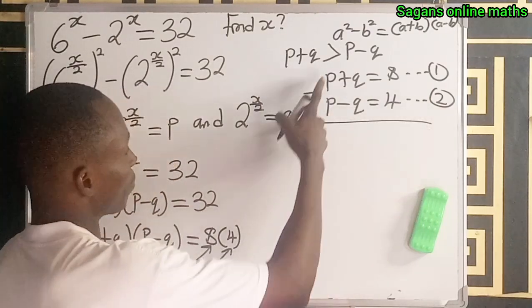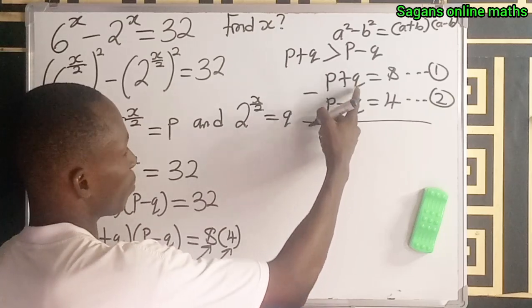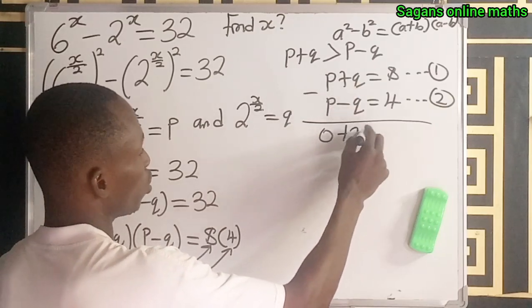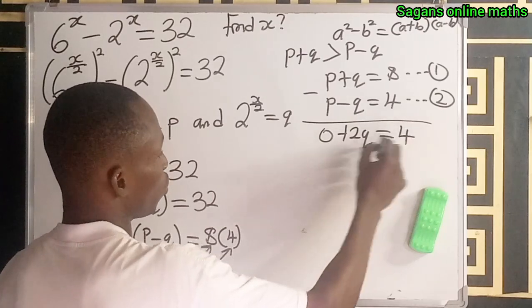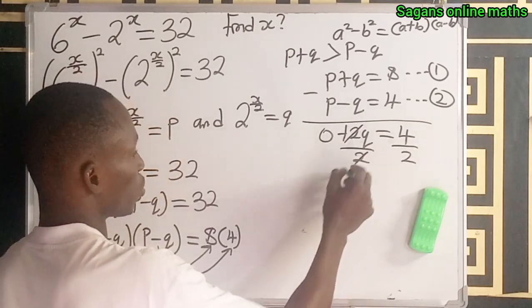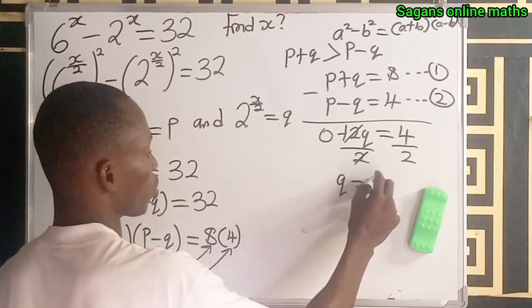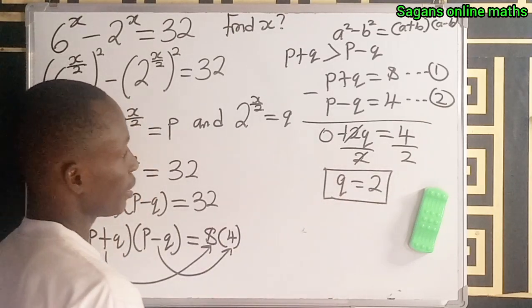So that p minus p will give us 0. Minus times minus is plus, q plus q gives us plus 2q, equals 8 minus 4, which gives us 4. So let's divide here by 2 and divide here by 2. 2 cancels out 2, so that q is equal to 2. This is the value of q. Can we find p? Yes.